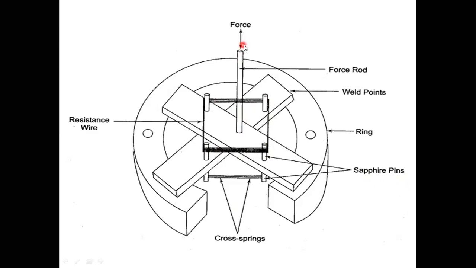So this is a force rod here. If I apply force, what will happen? This is called the mounting sapphire bar. This is one bar, and this is another bar. Since force is applied, this mounting sapphire bar will tilt like this, in this direction or in this direction.